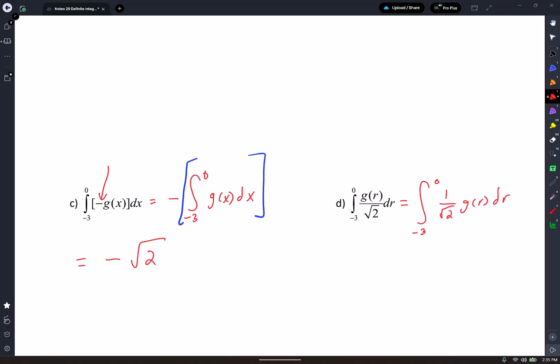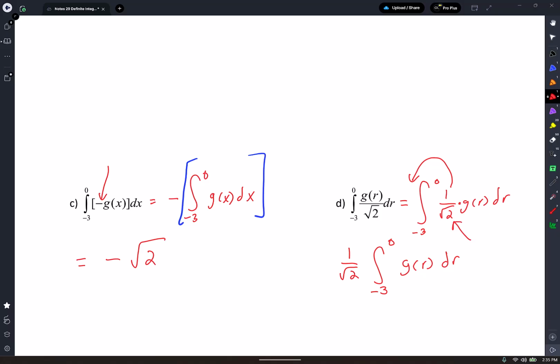And you take this 1 over square root of 2. That's just a constant. Do you guys see that? I can pull that constant outside the integrand. That's what you call that elongated symbol, the integral. 1 over square root of 2 times the integral, and these are definite integrals because I have a lower limit and an upper limit, -3 to 0 of g of r dr. It doesn't matter what you call the x-axis.